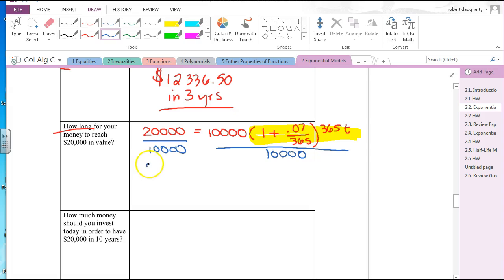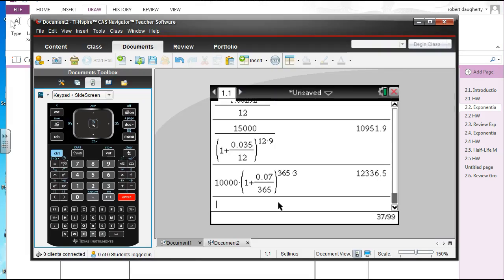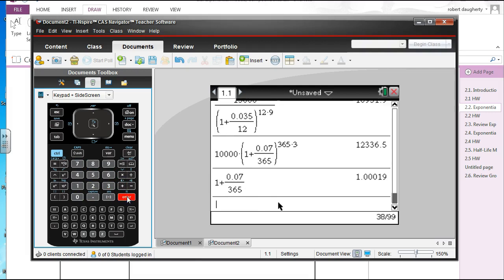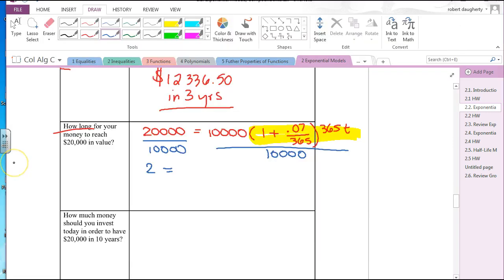That's 2. So 2 is equal to, and then I'm going to figure out what is inside these parentheses. So 1 plus 0.07 divided by 365, 1.00019. Okay. So 1.00019 to the 365t.